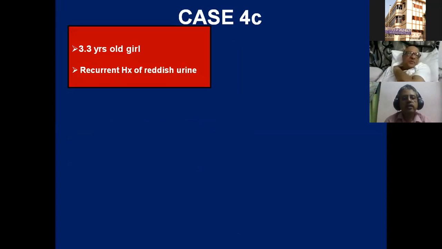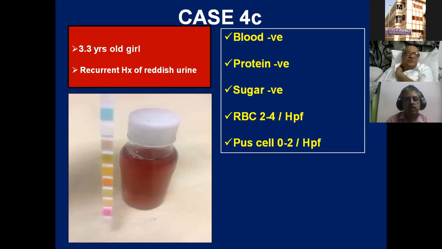Now, this was another girl with a recurrent history of reddish urine. Now, in contrast to the previous one, where the microscopy was negative but the dipstick was strongly positive, here the dipstick and microscopy, both of them were negative, as you can see here.